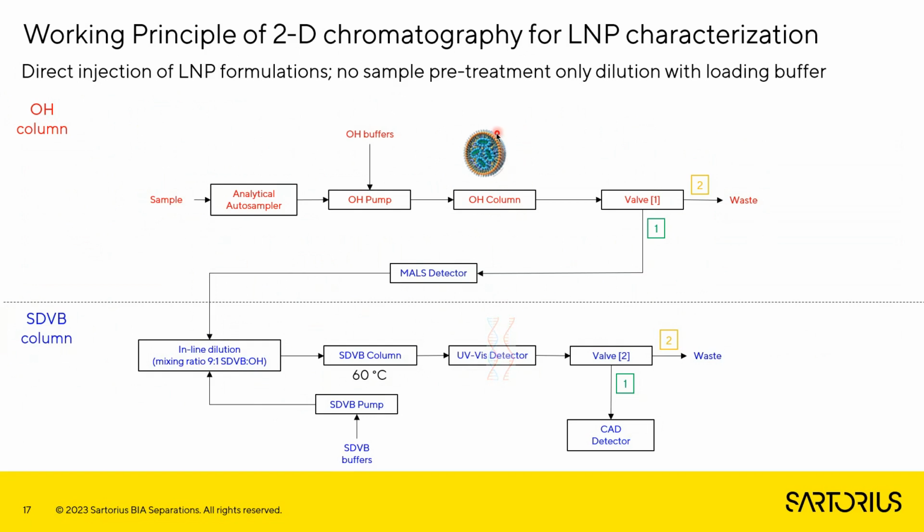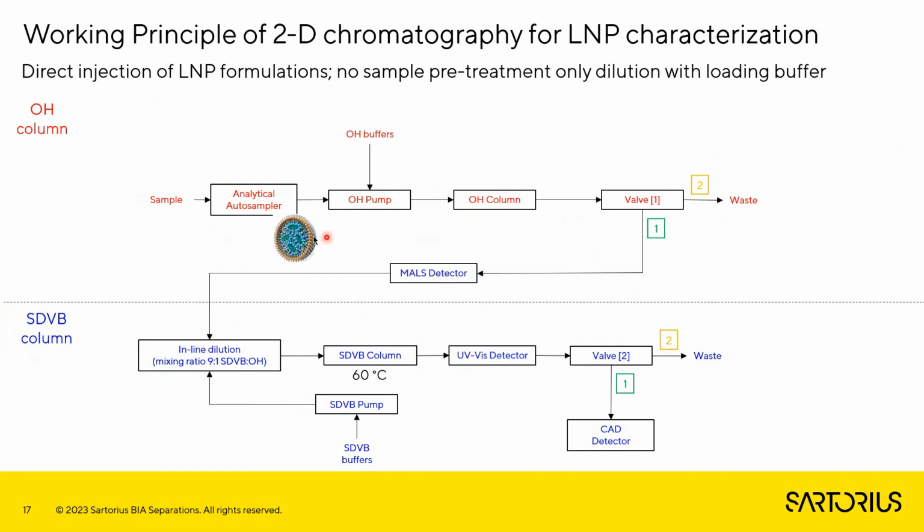In the next step, we elute the particles from the first column and they go through the MALS detector, where we can detect them. This detector is also used for determination of the size and size distribution of these particles.